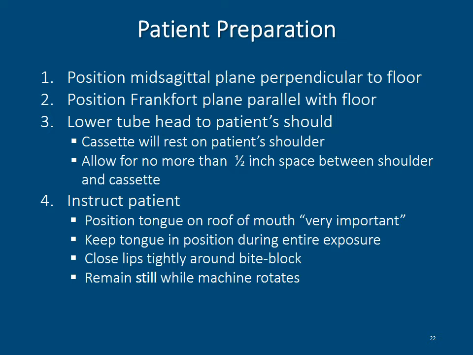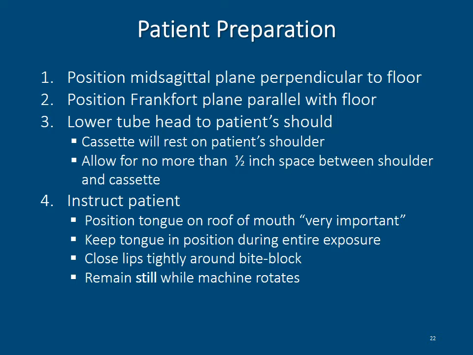In patient preparation, we are going to position the mid-sagittal plane perpendicular to the floor and the Frankfurt plane parallel to the floor. There will be lights that will appear on the patient's face that will help you ensure that these planes have been properly aligned. You're going to lower the tube head to the patient's shoulder. The cassette will rest near the patient's shoulder with probably only a half inch space between the shoulder and the cassette.